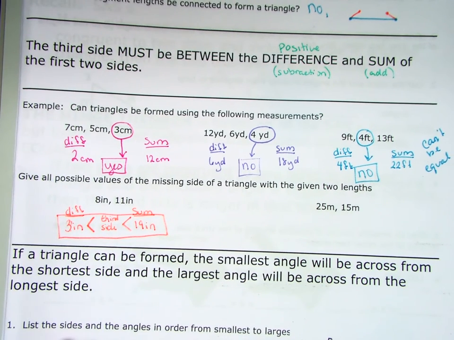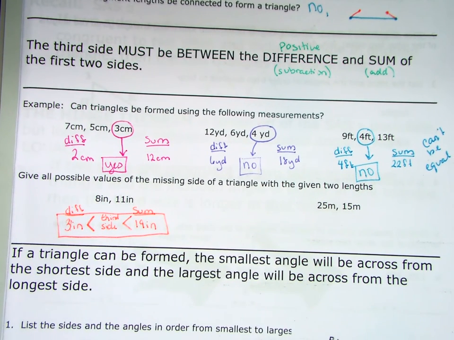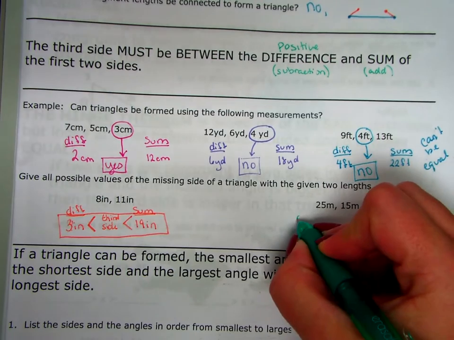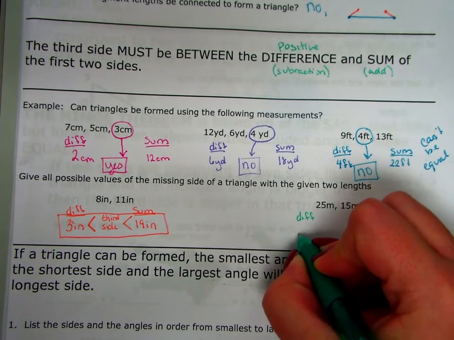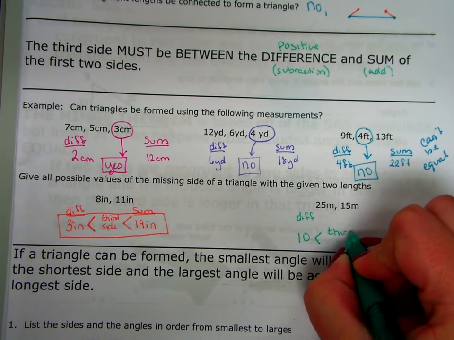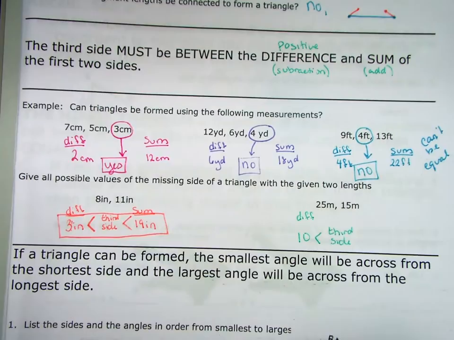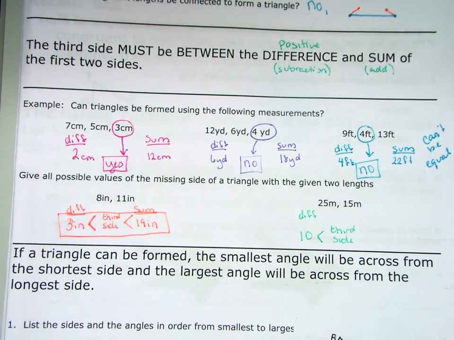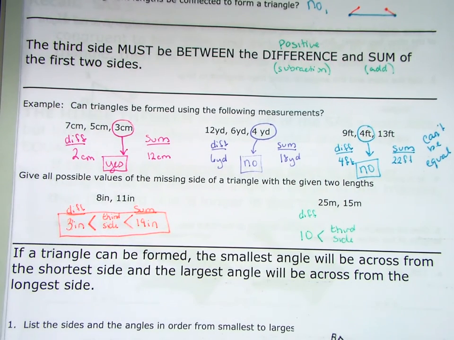Alright, so when I look at 25 and 15, what's my low value going to be? 10. My difference of 25 and 15 is 10. I know that has to be smaller than the third side. The third side has to be bigger than 10, so it's open towards the third side.